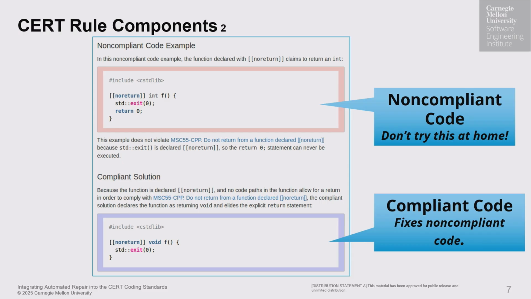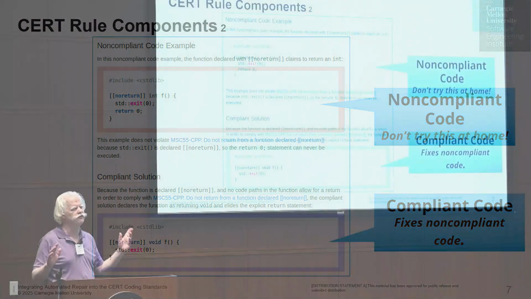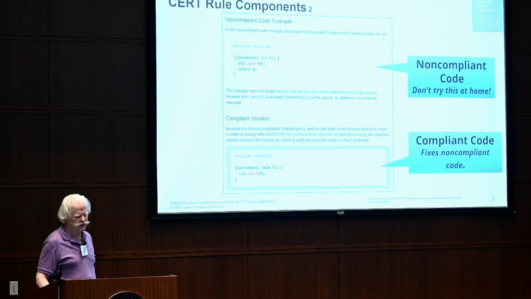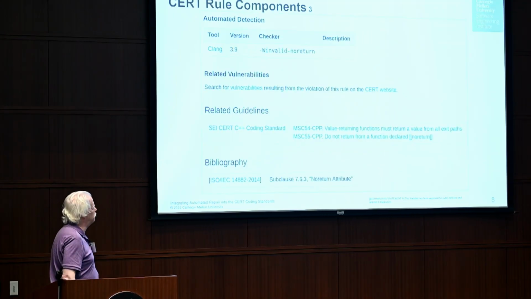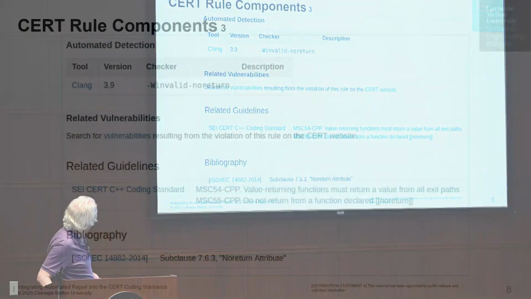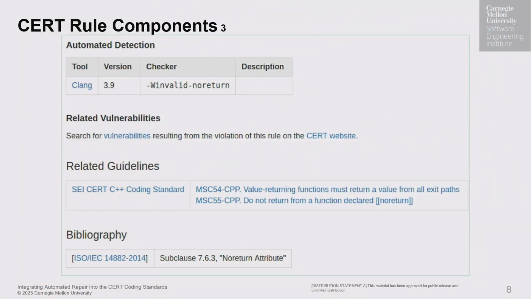Every compliant solution is there to show here's one way to modify your bad code to make it good code. So they're all attempts to solve the various problems. What I have here is some boilerplate that comes after the recommendations and code examples, such as a bibliography and related guidelines.